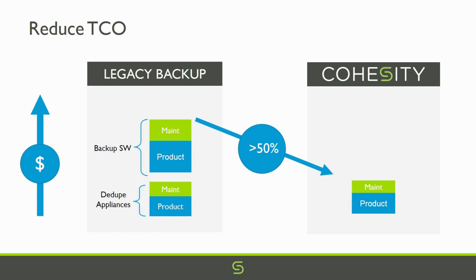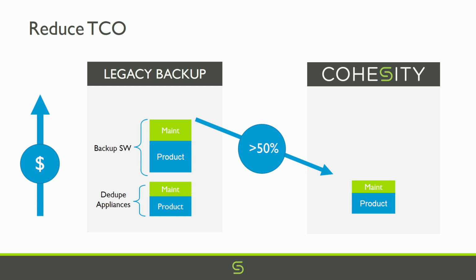From a TCO standpoint, I touched upon this. We enable very significant TCO savings. I think Paul is going to talk about that briefly, but it's just a lot less expensive. If you look at backup, we are putting so much money into backups these days. It's not uncommon. If you look at the list price of backup solutions, dedupe appliance, backup software, master servers, media servers, the list price on that stuff can be upwards of, in US dollars, $10,000 per terabyte.